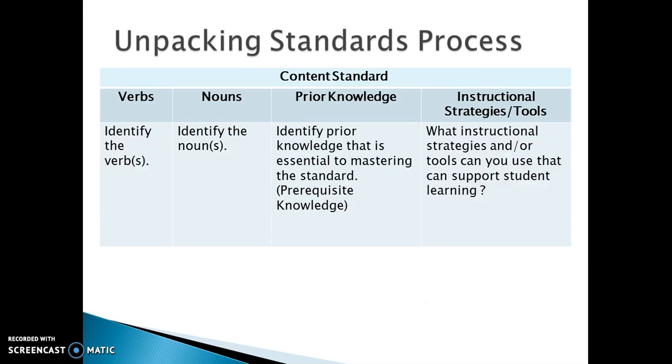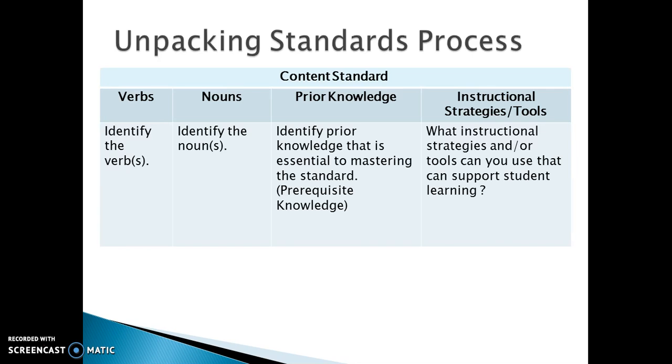So here is an overview of the unpacking standards process. Here is a matrix which has 4 columns for the particular content standard. We're going to be looking for the verbs in a standard and identify those verbs or action statements. We're also going to identify the nouns from the content standard, which are the particulars needed to support the action that students are doing.